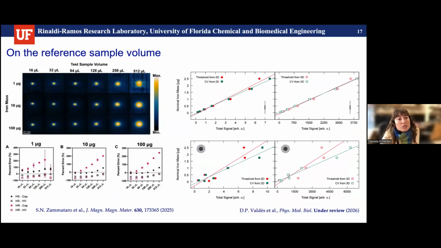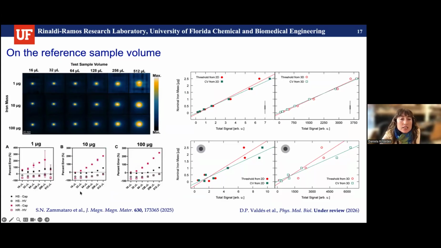A side note here. I'm talking about quantifying from capillaries and cavities. And of course, this cannot be done with the same reference sample. Our lab has this paper that characterizes this phenomenon: the difference we get from the sample and reference sample volumes in quantification.